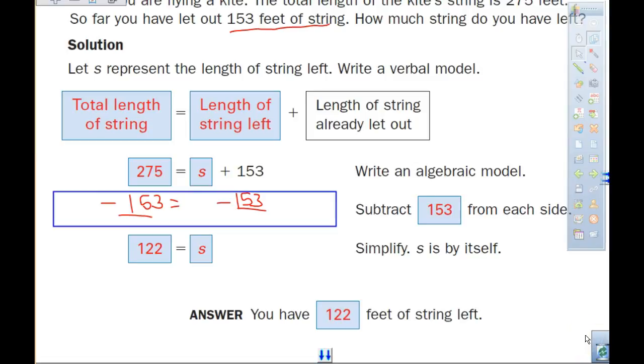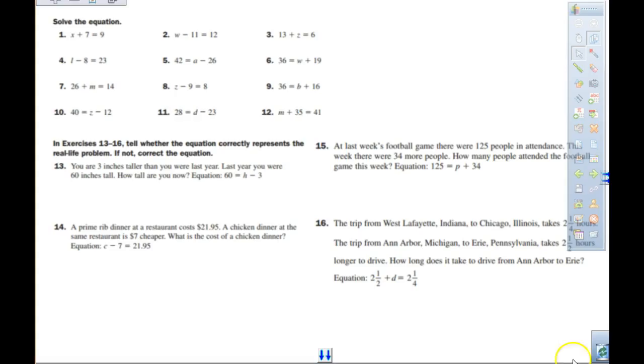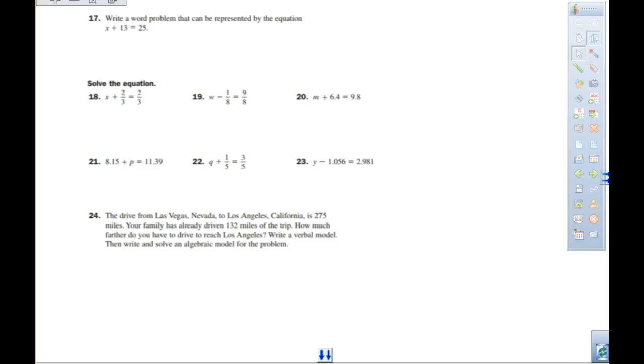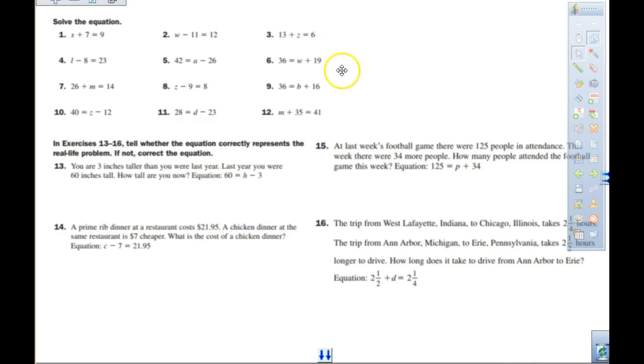So, your homework tonight is solving these. The key thing is I need you to show me the inverse operation.